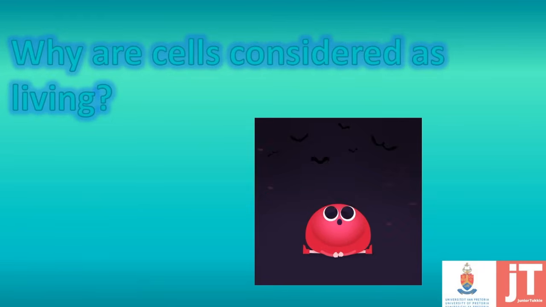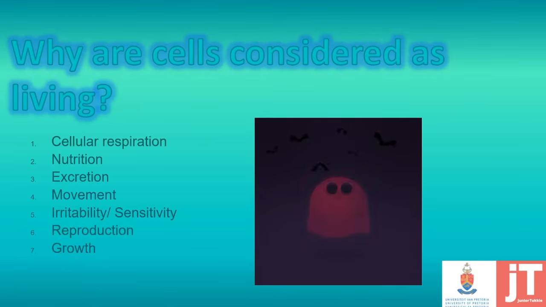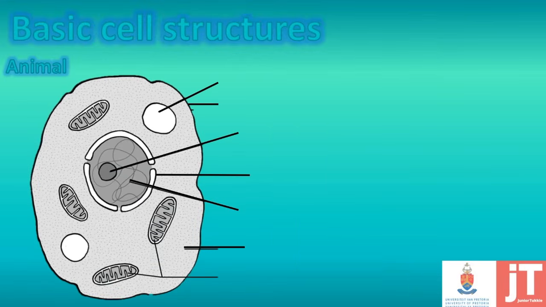Firstly, we will look at the 7 life processes: cellular respiration, nutrition, excretion, movement, irritability, reproduction, and growth. If we go back to grade 8, excretion will refer to removal of metabolic waste, and irritability to how things react to the environment, to heat and cold and touch.